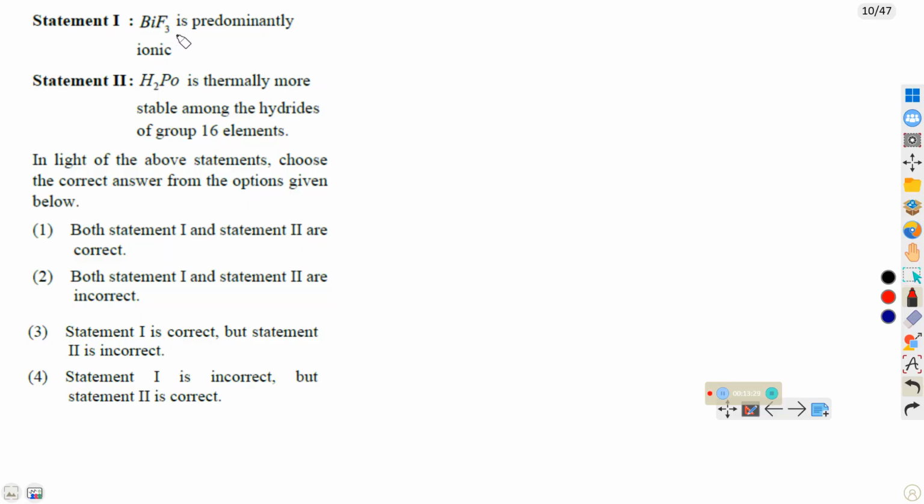Statement 1, BiF3 is predominantly ionic. Correct. BiF3 is predominantly ionic because the electronegativity difference is more. H2Po is thermally more stable. Wrong. H2Po is least stable.